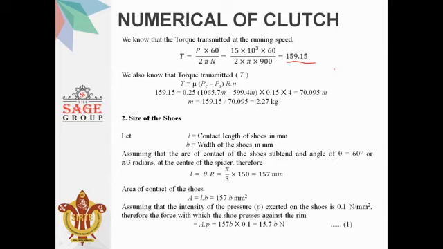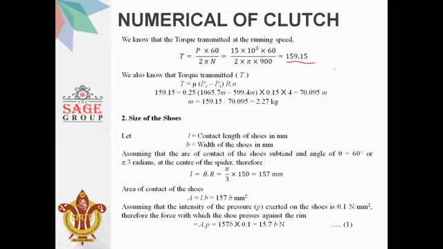Now, the size of the shoe. Let small l be equal to contact length of the shoe in mm, and small b equal to width of the shoe in mm. Assuming that the arc of contact of the shoe subtends an angle theta equal to 60 degree or pi by 3 radian at the center of the spider.